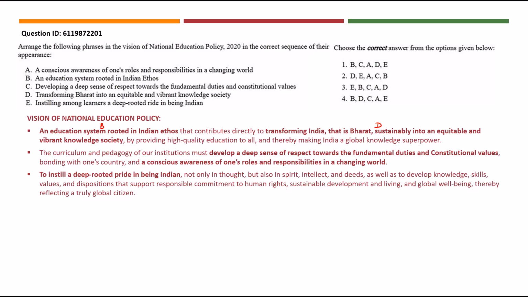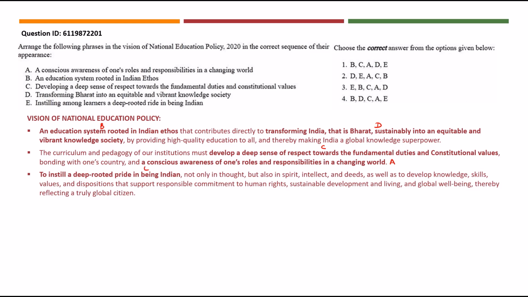The curriculum and pedagogy of our institutions must develop a deep sense of respect towards the fundamental duties and constitutional values. This is C. Bonding with one's country and a conscious awareness of one's roles and responsibilities in a changing world. This is A. To instill a deep-rooted pride in being Indian.